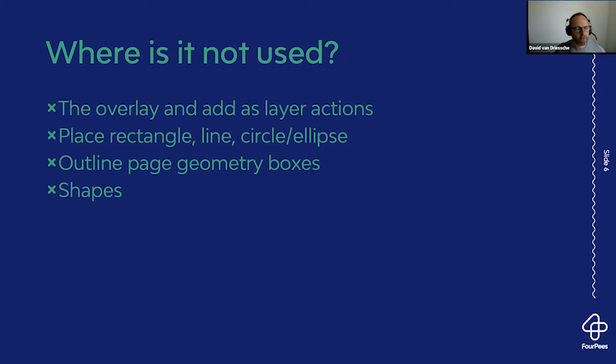They use other technology. If you look at all of these place something fix-ups, there are actually a few of them that have been further optimized and don't necessarily use the internal CTO engine. And they are the simple ones, like place rectangle, place line, place circle. Those have been optimized so that they're quicker and they don't use the whole HTML to PDF technology. There is also a fix-up to outline page geometry boxes.